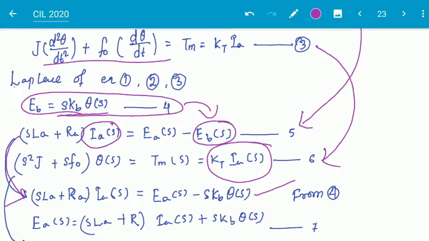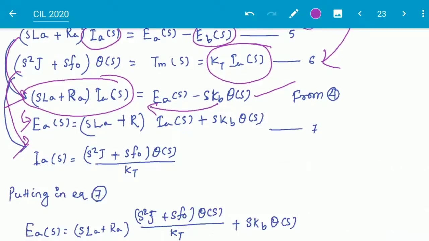Now Ea s from this equation is equal to this term plus this. So this is equation number 7, and from this equation we can find that Ia s is equal to s square J plus s F0 whole into theta s by Kt.